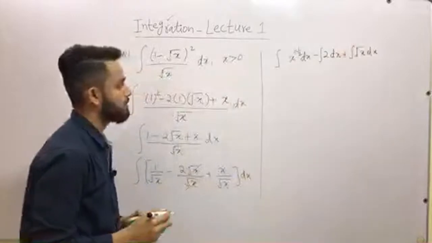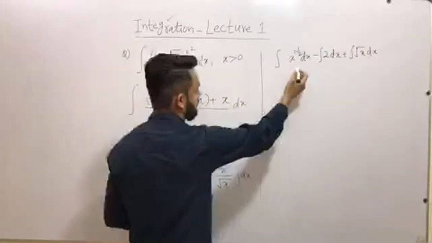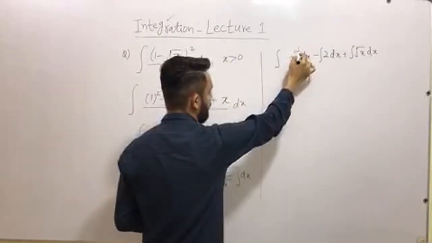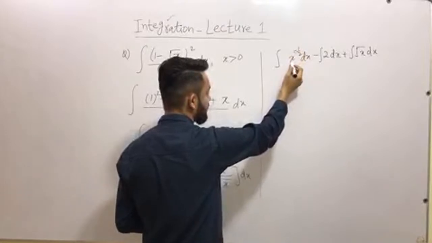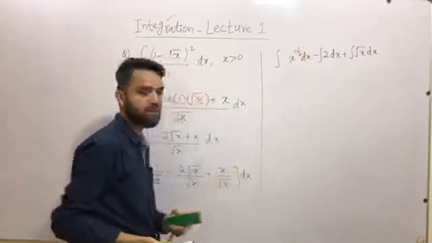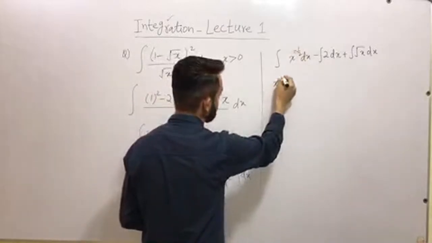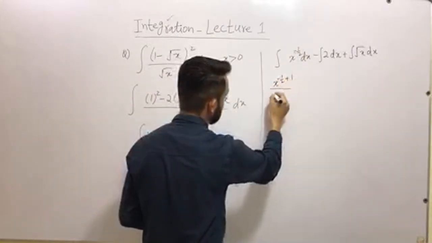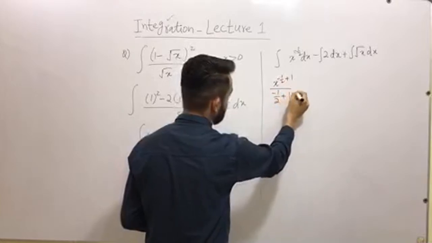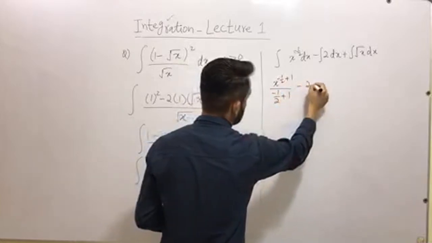Okay, now again you have to exclude the power and you have to look for the derivative of this function, whether it is present over here or not. So one is always present, so you can apply the power rule of integration. So minus 2 and we got x.